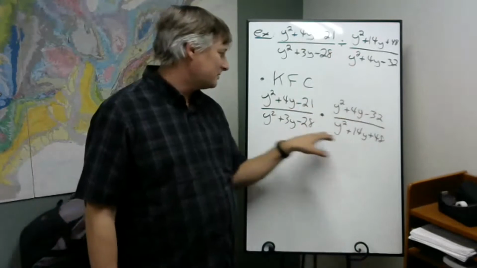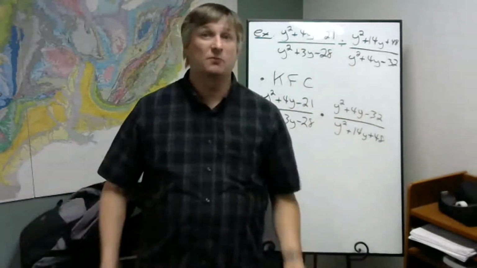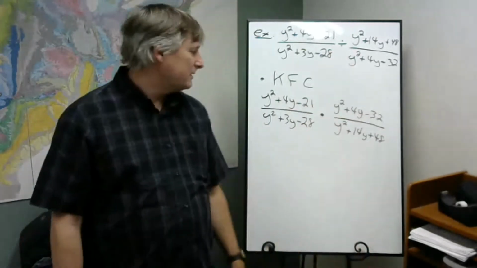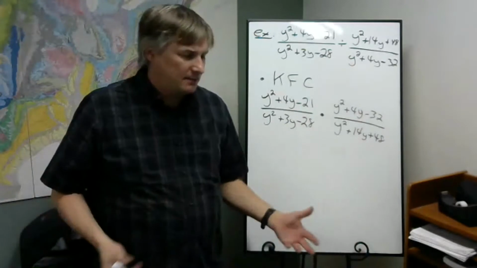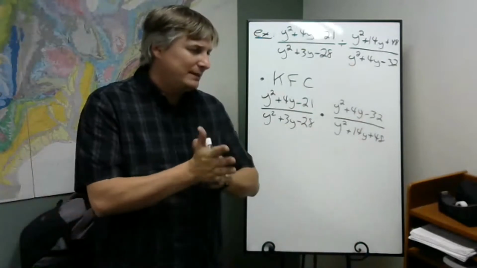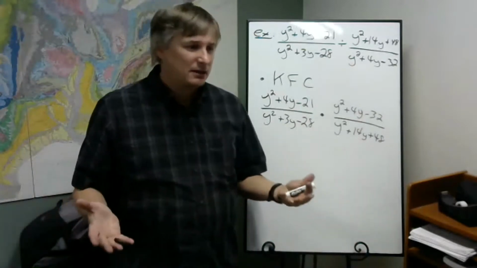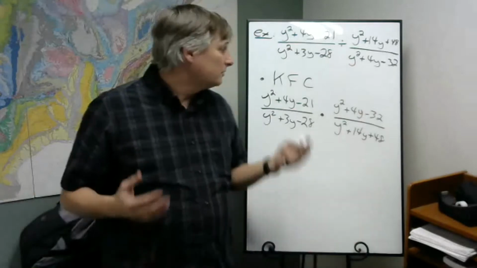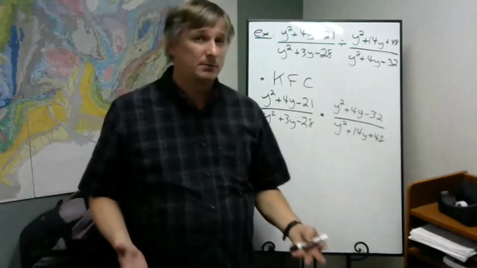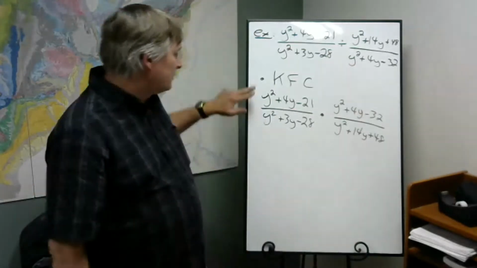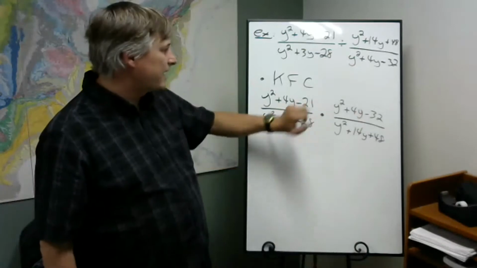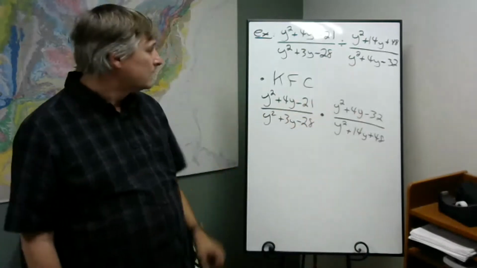Same thing here. This times that will be another monstrous fourth degree polynomial. And then trying to do any reducing with that could be very difficult. So let's reduce before we multiply things together. And that means factor, factor, factor, and factor.